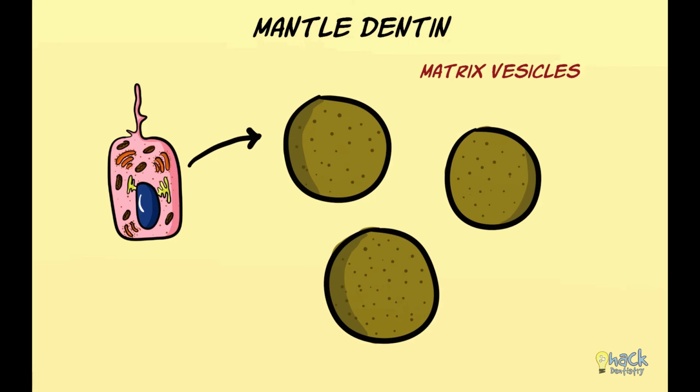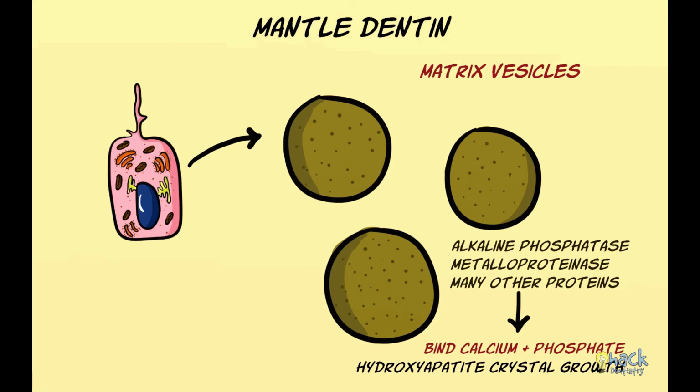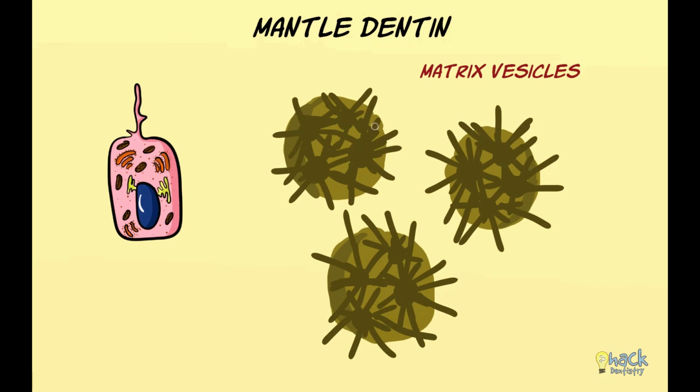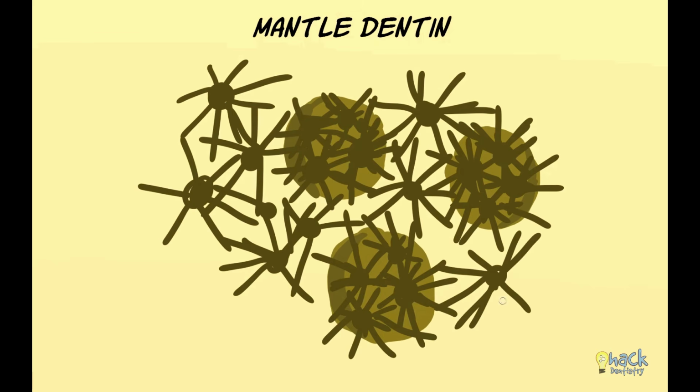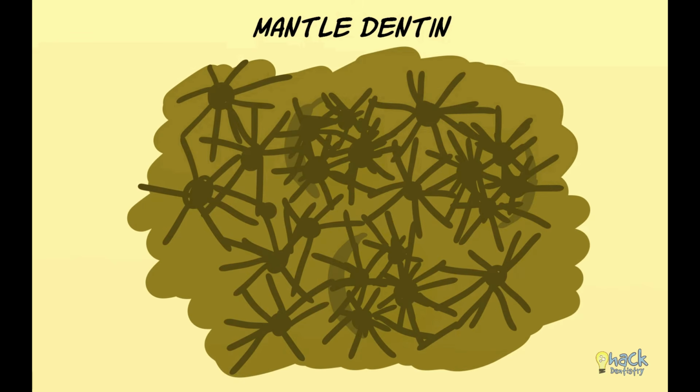Now these vesicles contain enzymes like alkaline phosphatase, metalloproteinase, and other proteins that can bind calcium and inorganic phosphate and initiate hydroxyapatite crystal growth. The seed of growth is initiated within the vesicles, then the crystals rupture from the vesicles and are deposited in the matrix. These growing crystals further fuse with adjacent crystals and mineralize the entire matrix.